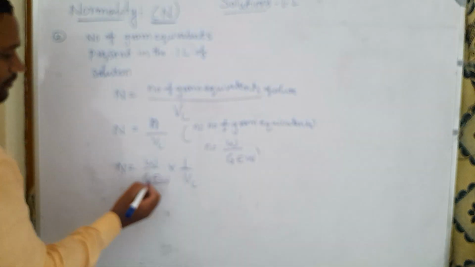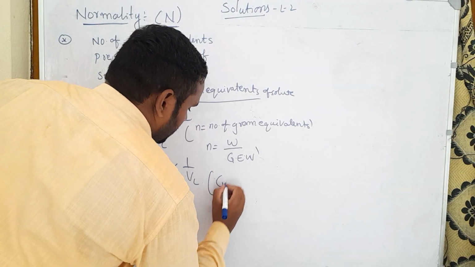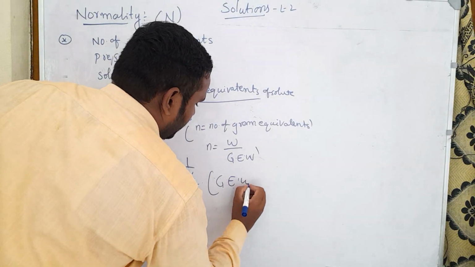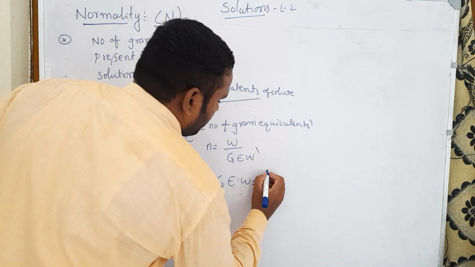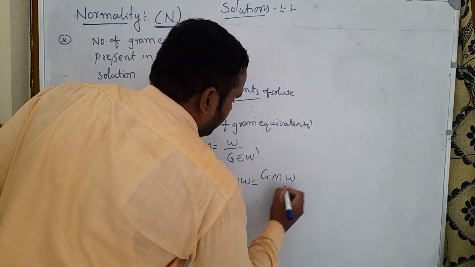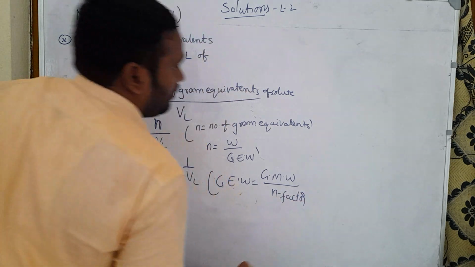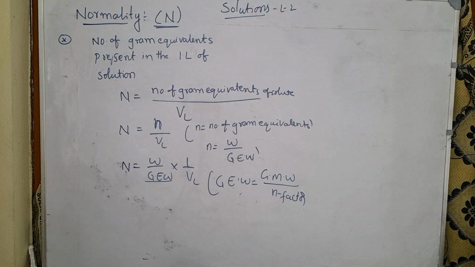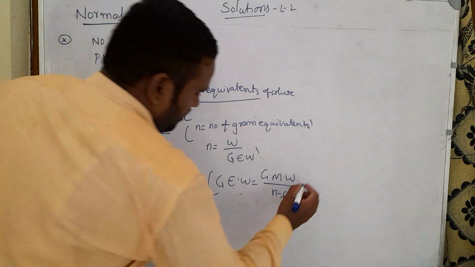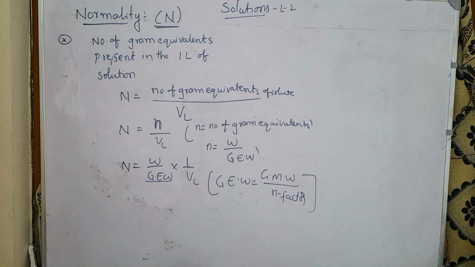So what is gram equivalent weight? Gram equivalent weight is equal to gram molecular weight by N factor. The N factor is different for different types of substances. I will explain the N factor again.